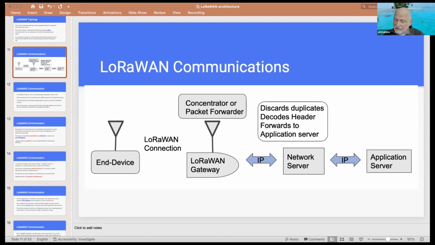One very important thing: we've mentioned that IoT communication is mostly wireless, so you need access to spectrum. Spectrum is a valuable resource, and the frequency allocation is country dependent.